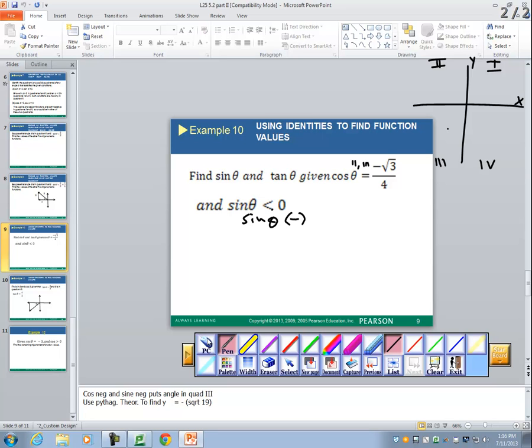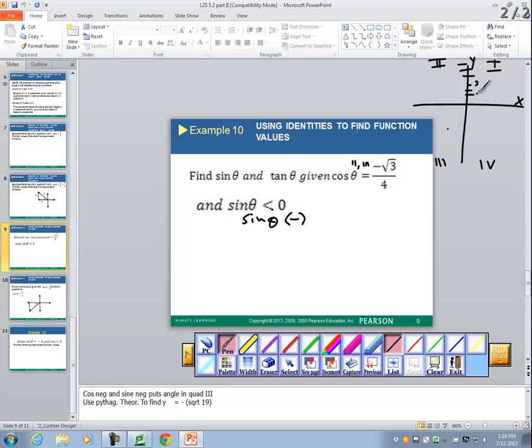So what quadrant would that be? Well, here's y, right? What values are these, positive or negative, going up y?